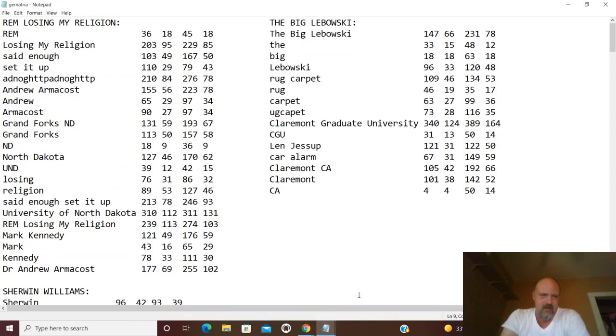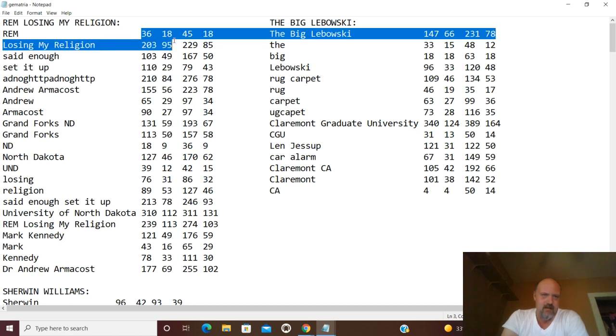Now, here's another one. 36, and there's 24 in this. 42 right here. So as soon as they hit that number, they can calculate off of all of this. So 36, 18, 45, 18. And I can't do it because of the way I did this.